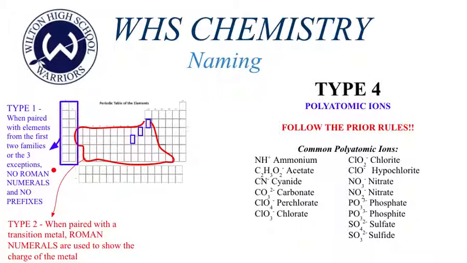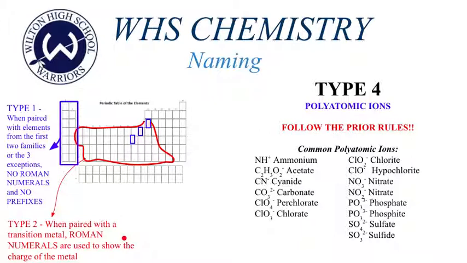So no Roman numerals and no prefixes. But if you pair a polyatomic ion with a transition metal, so stuff we looked at with type 2, you follow the rule with type 2. You use Roman numerals to show the charge of the metal.